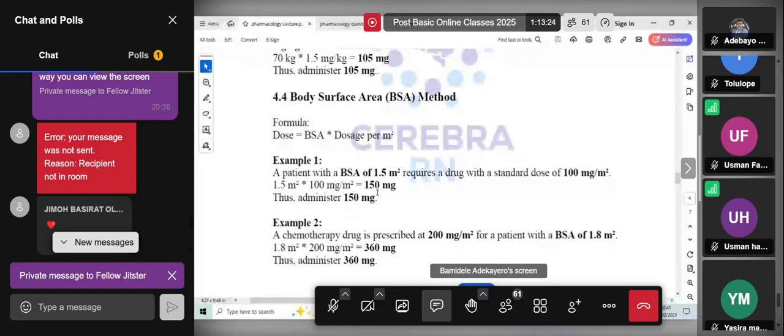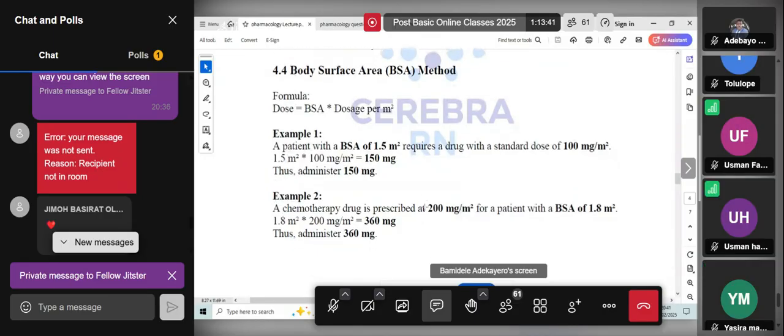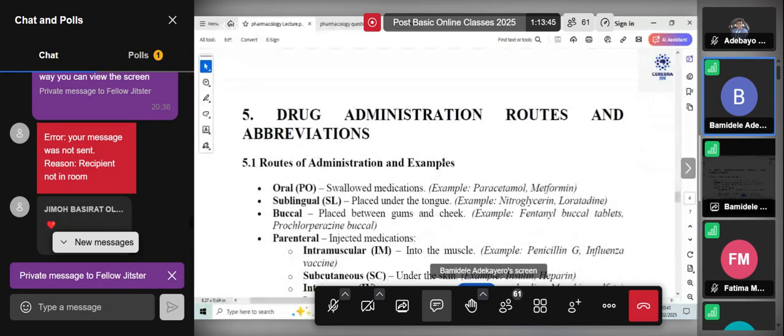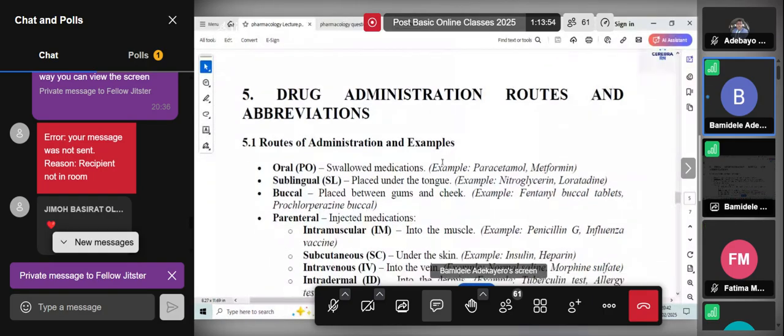So, as bones and plastic nurses, you might be using this body surface area to administer some or most of the medication, or people in the oncology department, because in the chemotherapy unit, it's also used to prescribe some of their medication. I hope it is clear. If you need help, please let me know. This is pretty simple. We've done this before last week. Some abbreviations.